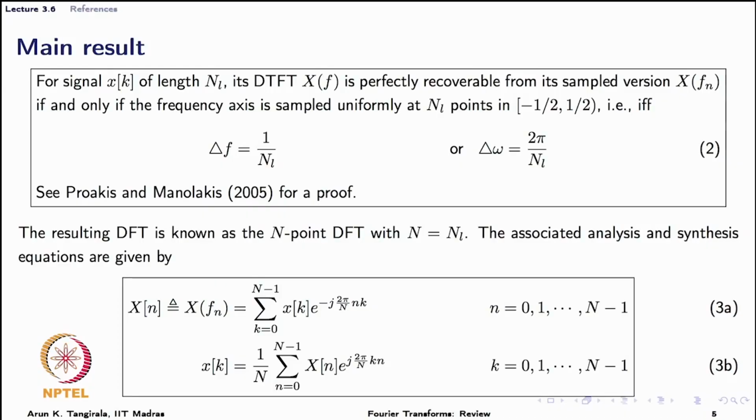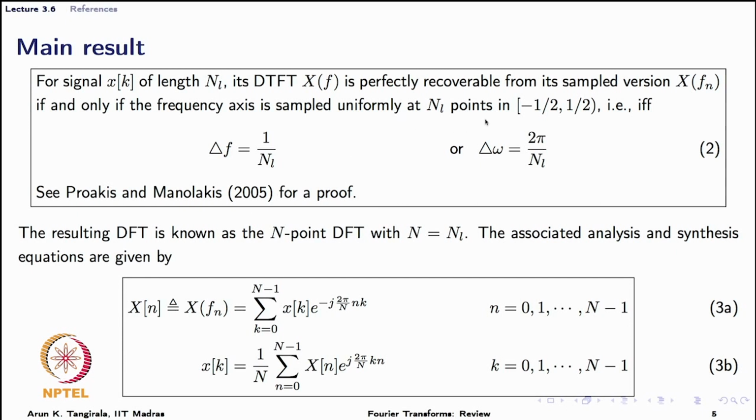It turns out that you can do this if and only if you choose the interval in frequency as 1 over N_l. N_l is the length of the signal that you have. So, if I have a signal of length N_l, then X(f), the continuous function, is perfectly recoverable from its sampled version if and only if the frequency axis is sampled uniformly with this spacing.